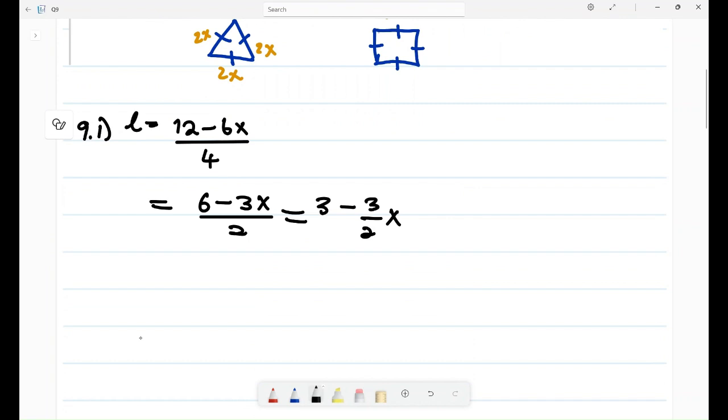9.2. Now let's set up an equation for volume with respect to x. Remember, what's the volume of this rectangular prism? Let me just draw it here. I'm going to draw it by hand, but for illustration purposes, please bear with it.